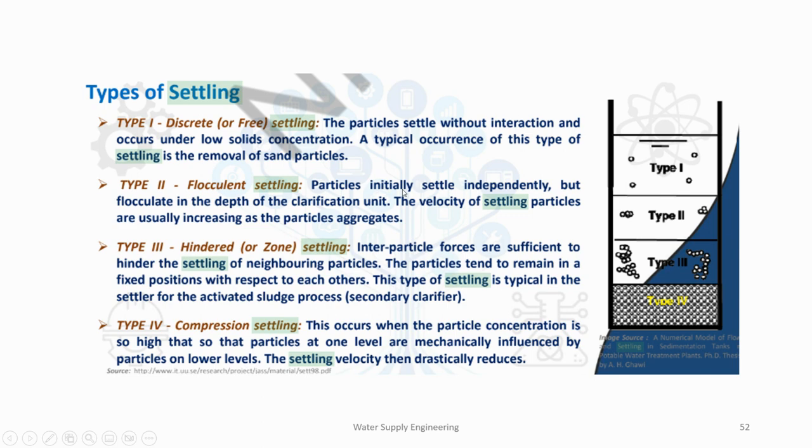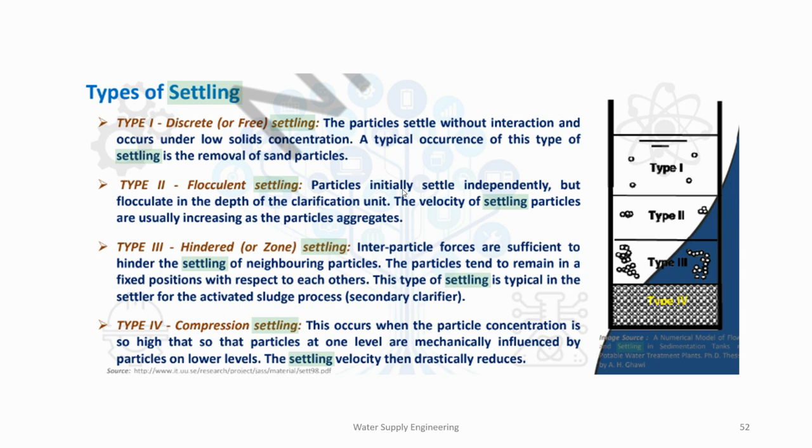Here, initially the particles will start settling independently, but at a particular depth, they will combine together or flocculate or coagulate, and then the velocity of settling particles increases as the size of the flocs increases, because as the size increases, gravity force will be more and will have a larger settling velocity.